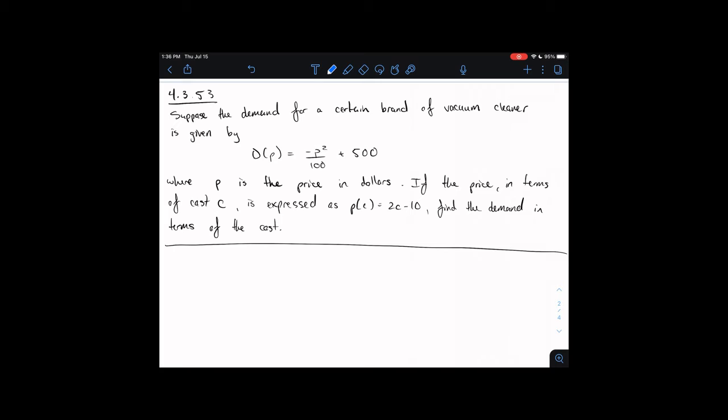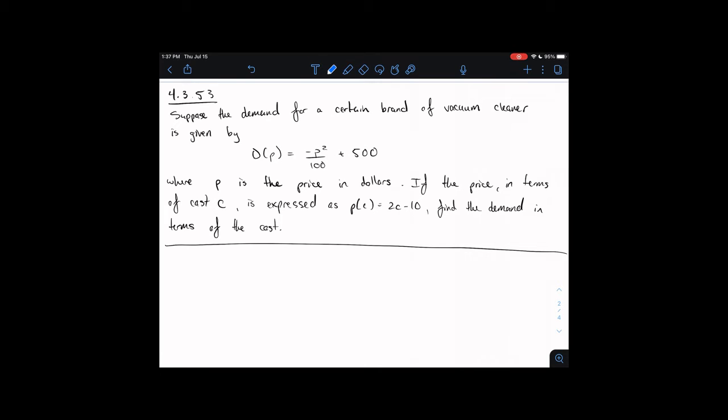The problem states, suppose the demand for a certain brand of vacuum cleaner is given by d of p equals negative p squared over 100 plus 500, where p is the price in dollars. If the price in terms of the cost, c, is expressed as p of c equals 2c minus 10, find the demand in terms of the cost.